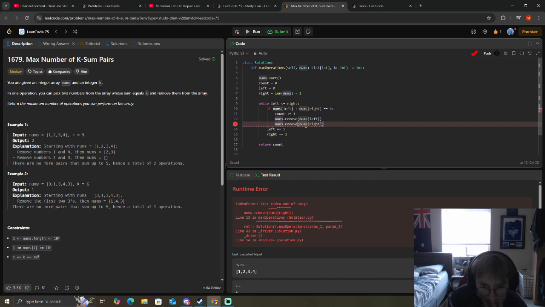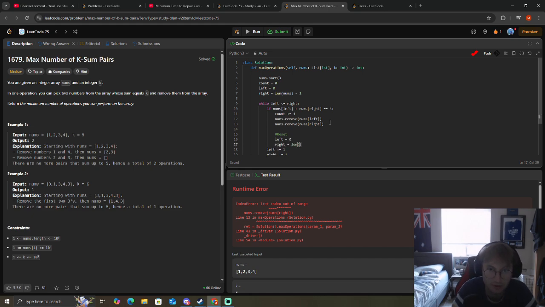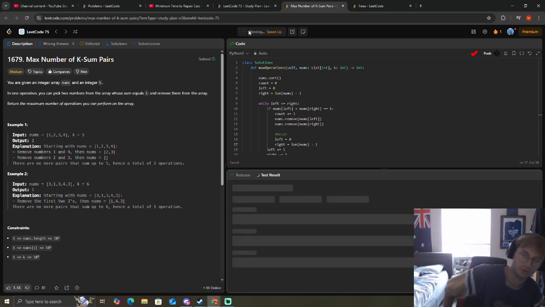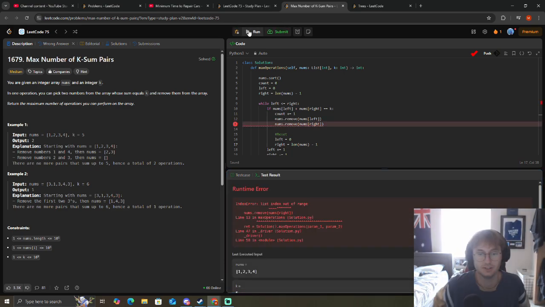Nums remove. Do we maybe need to reset? We could. Maybe we make our left equal to 0 and then our right equal to the length of nums minus 1 again. And then we restart searching and we keep making it smaller and smaller and smaller. Would that fix it? Now this index is still out of range.